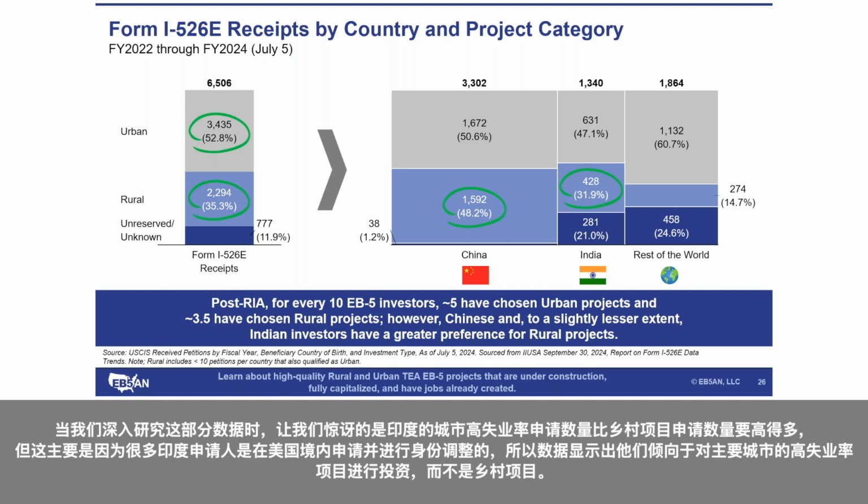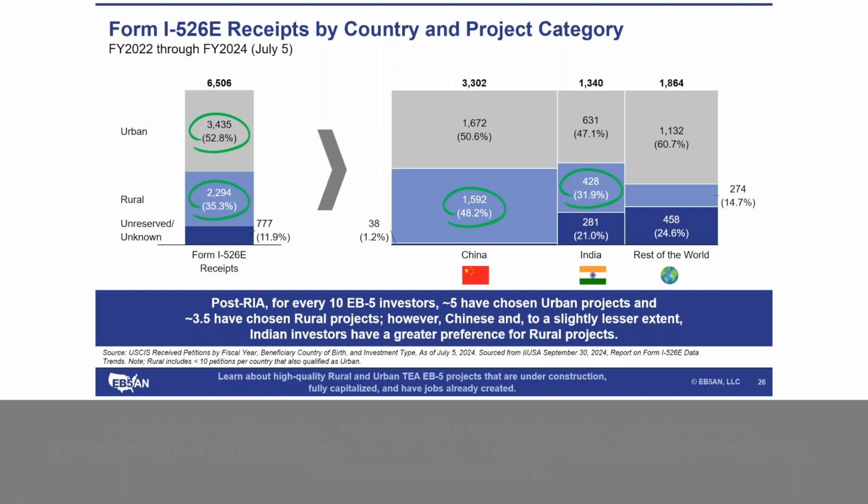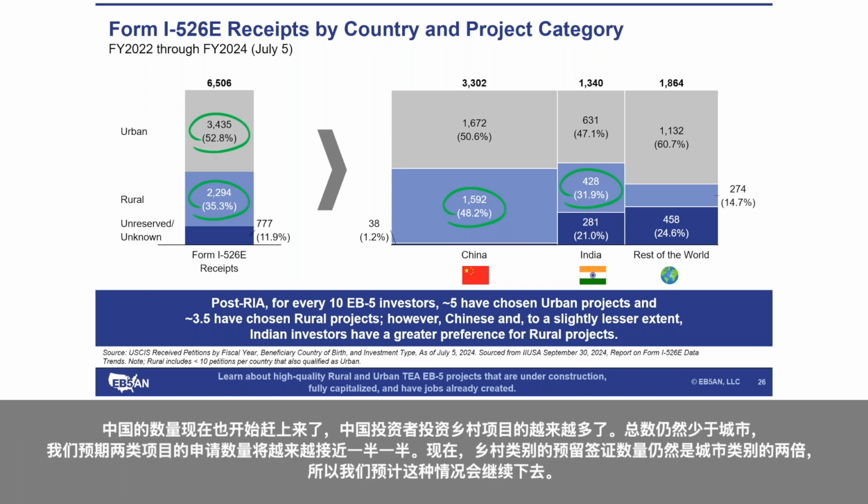And it was a bit surprising as we dig into this more that for India, it is much higher in terms of the urban high unemployment applications versus the rural. But that is true because a lot of the time, Indians are applying from within the US in adjusting status and have shown a trend towards preferring high unemployment deals in major cities versus rural deals. China is now starting to catch up to where there are more rural applications coming out of China.